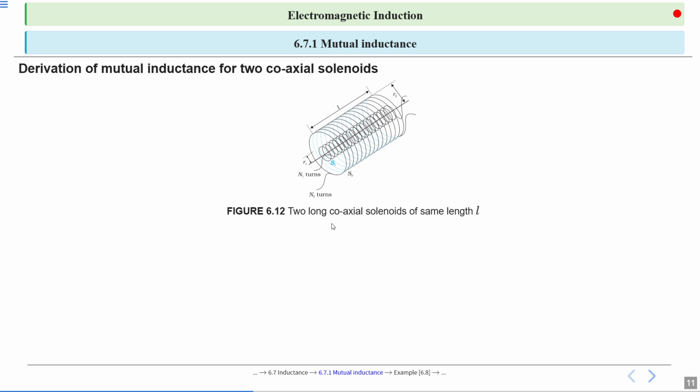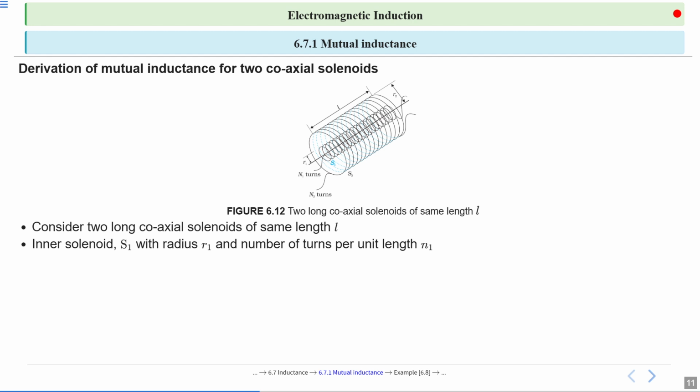Figure 6.12: two long coaxial solenoids of the same length L. Inner solenoid S1 has radius R1 and number of turns per unit length n1, where capital N1 upon L is small n1. Outer solenoid S2 has radius R2 and number of turns per unit length n2.